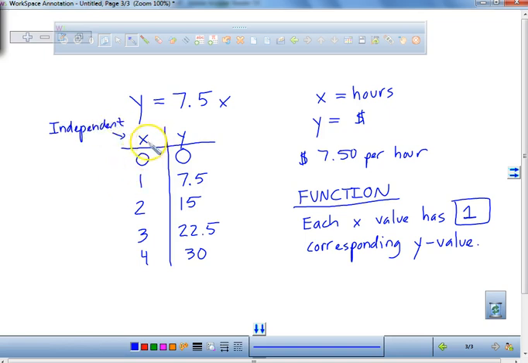Your x values are also referred to as the domain. Sometimes teachers say, hey, this is your input. That's what you're plugging in. Right? So, if your x values are your input, then your y values are your output. Okay?